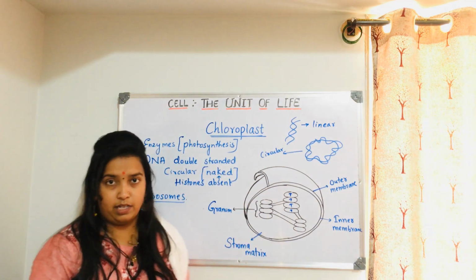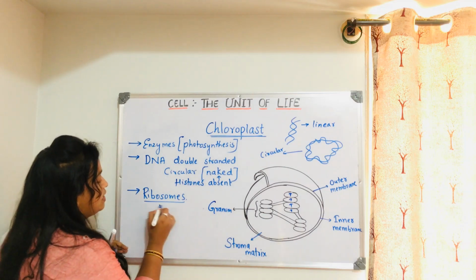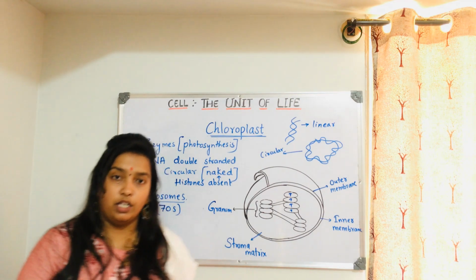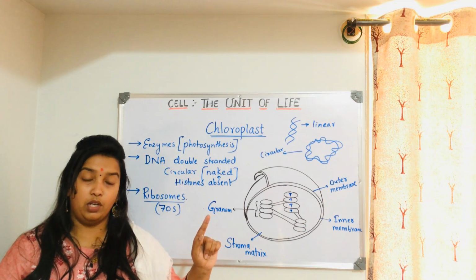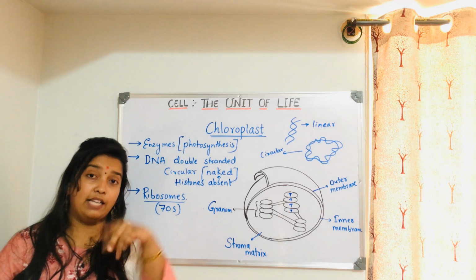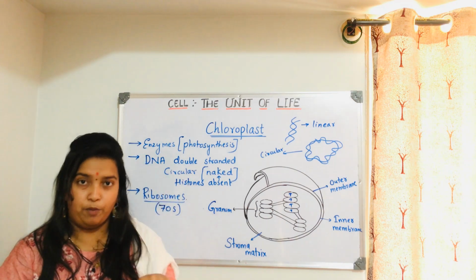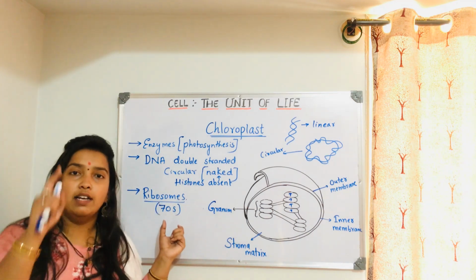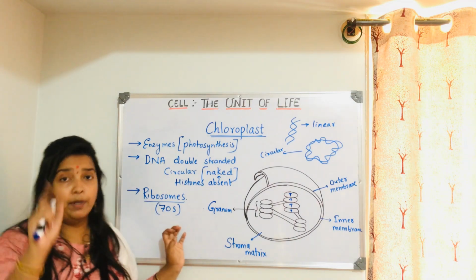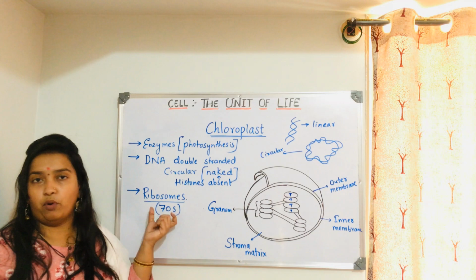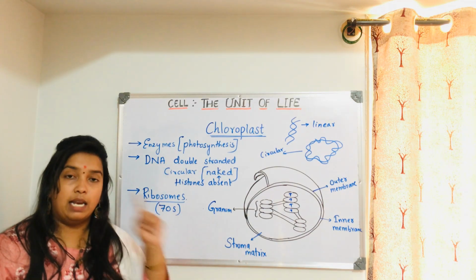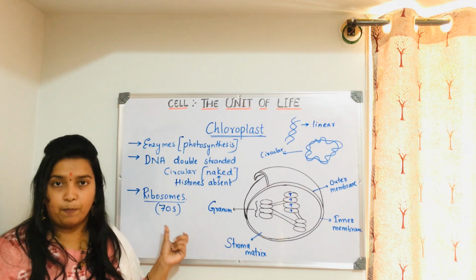Which ribosome is present in chloroplast? That is the 70S ribosome. Usually in the plant cell, the endoplasmic reticulum will have 80S, but in case of mitochondria and chloroplast, we have 70S ribosome. Very, very important thing to remember. This plays a very important role in your exams. They'll be asking which ribosome is present. Remember, it is 70S ribosome.